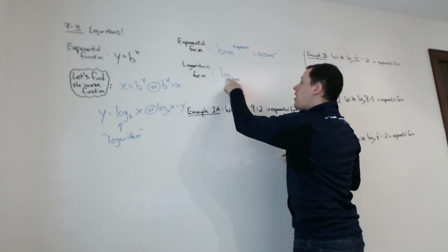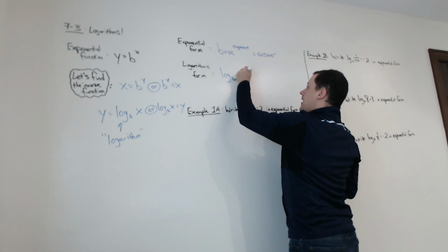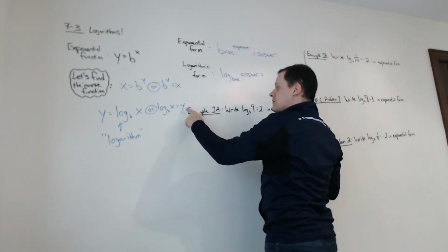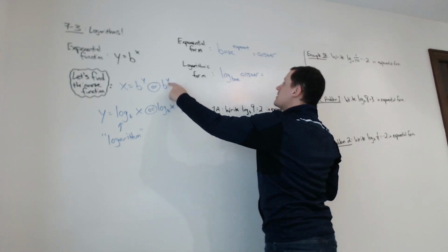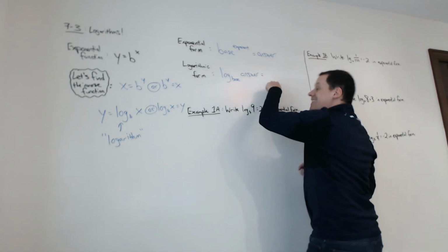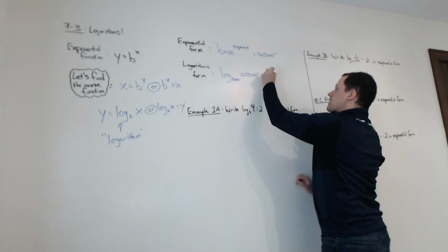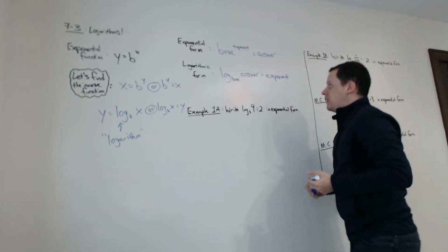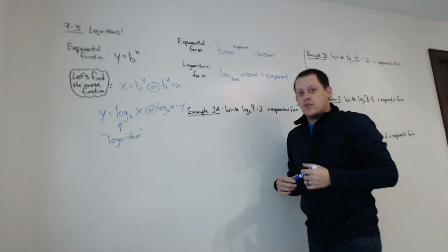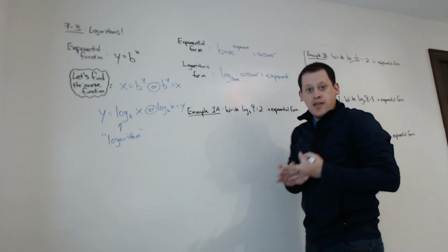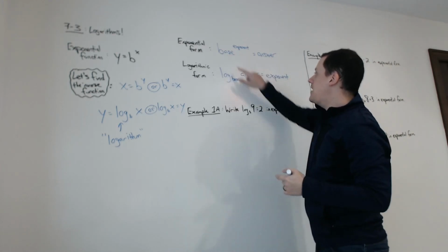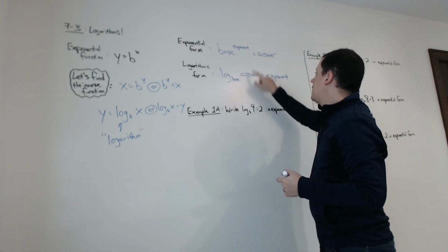So it's going to be log base answer equals the y. When it was in this form, we called it the exponent. Now the exponent is what's over here. So we've got the same three things going on in both of these forms. We've got a base, we've got an answer, and we've got an exponent.